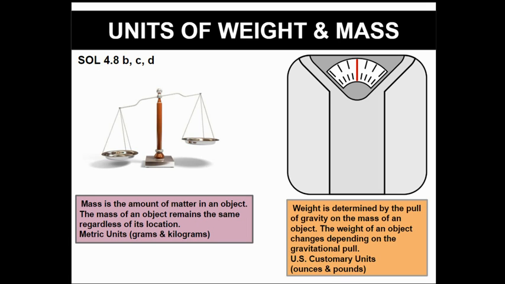Weight is determined by the pull of gravity on the mass of an object. The weight of an object changes depending on the gravitational pull. These are U.S. customary units, and we will be working with ounces and pounds. We're going to talk some about tons, but you guys are responsible for knowing ounces and pounds.